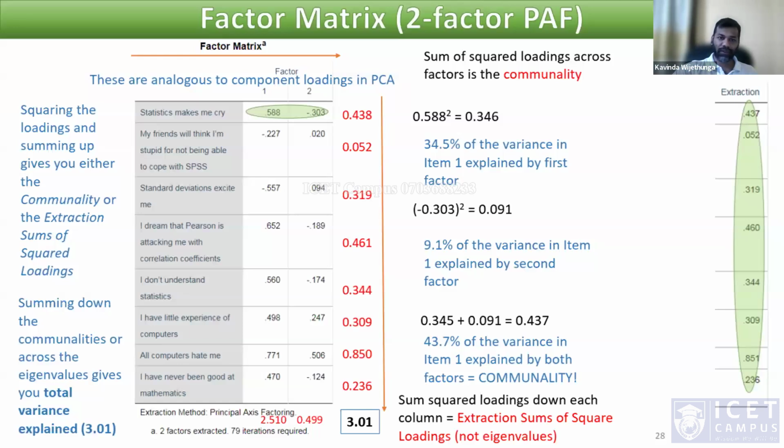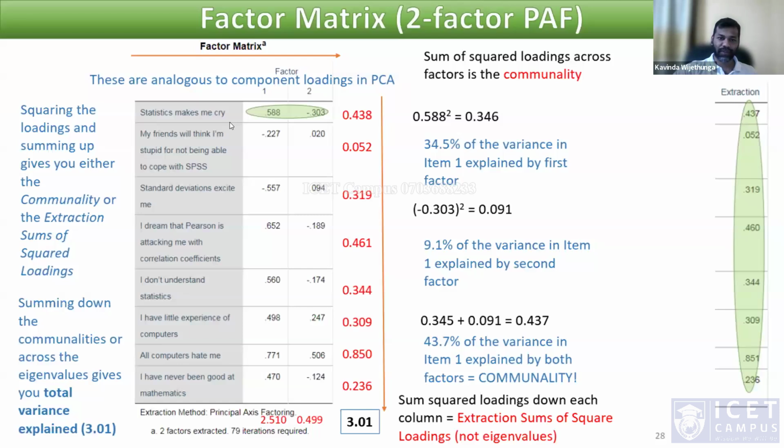Right. Then we'll go to the factor matrix again. Here, extractions. Then these are the communalities, the cumulative values. Right. So then here, these are the factors 0.588, negative 0.337.